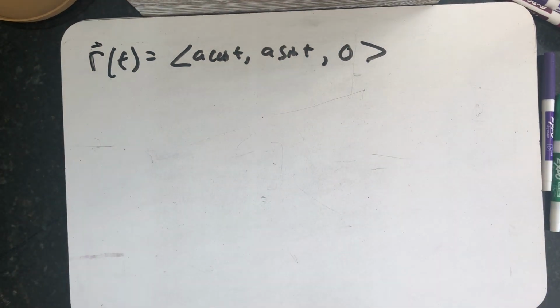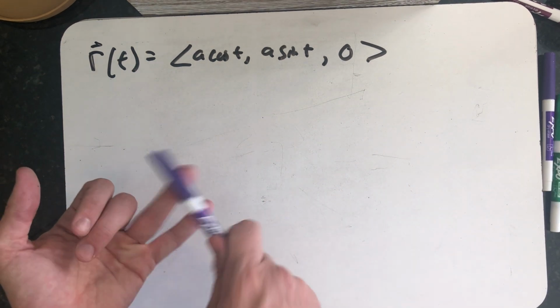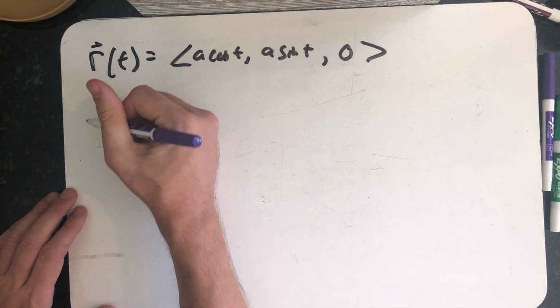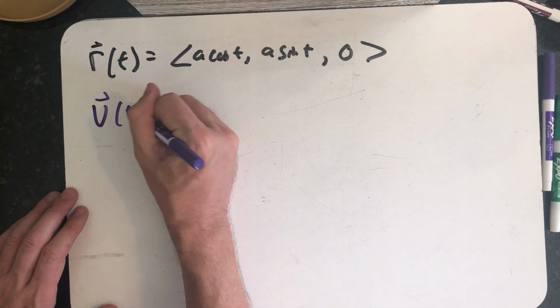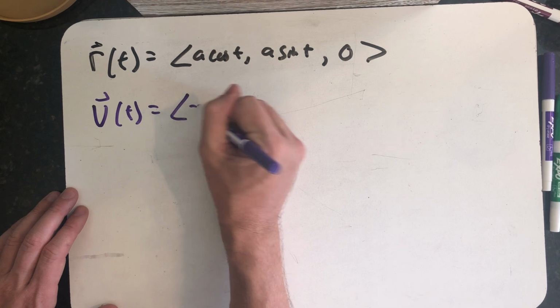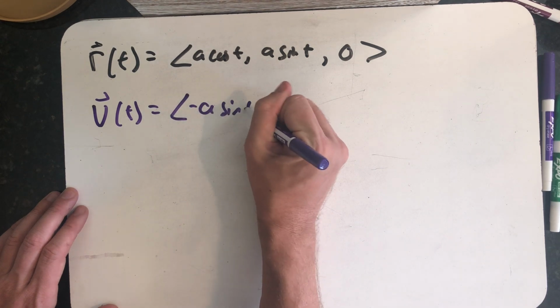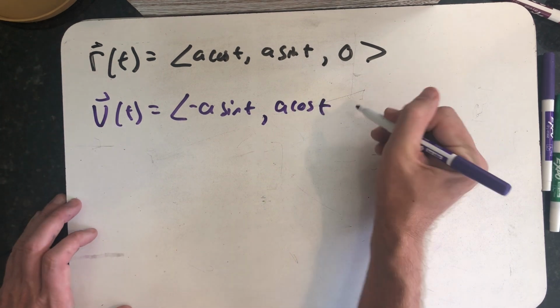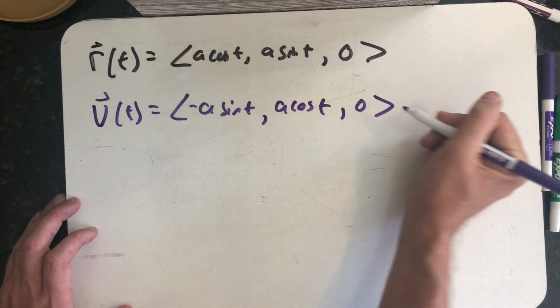But r of t is a cosine t, comma a sine t, parametric equations of a circle. I want to calculate curvature, which means I need to know speed, big T, and the derivative of big T. So let's start with the derivative. It's also worth noting that the circle I started with here is a circle of radius a.